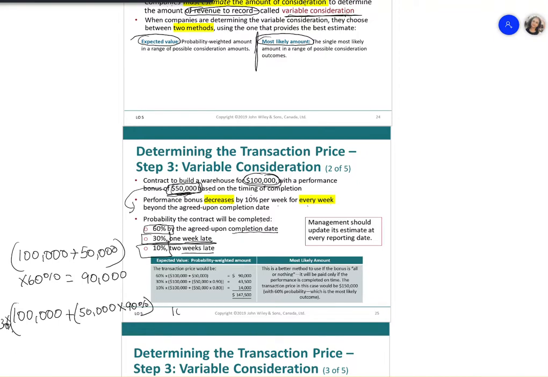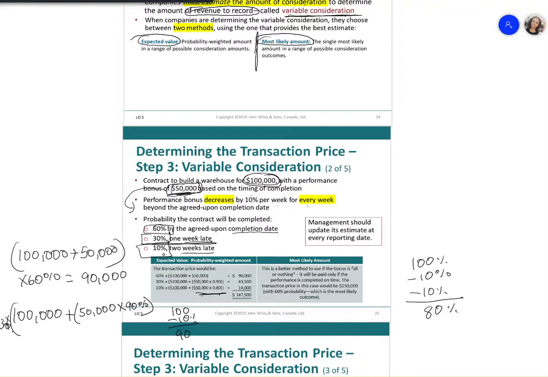So if we are supposed to get 100%, you minus the 10% of that, then we're going to get 90%. If it's 2 weeks late, they deducted another 10%. That bonus, we are only going to receive 80% of that.